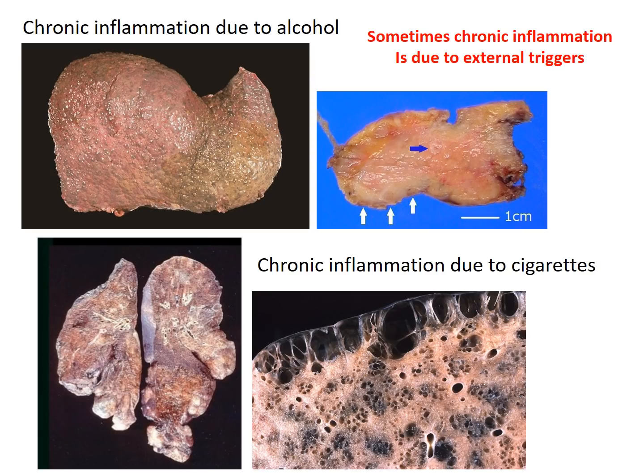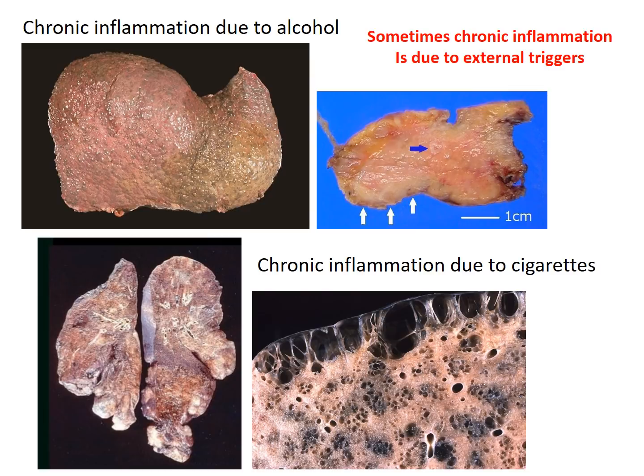All right. Ooh, this one's a little bit out of sequence, but again, we talked about chronic inflammation. Remember, a lot of chronic inflammation is due to autoimmune disorders. Sometimes chronic inflammation is due to exogenous substances. So top slide showing you cirrhosis, chronic inflammation due to alcohol.